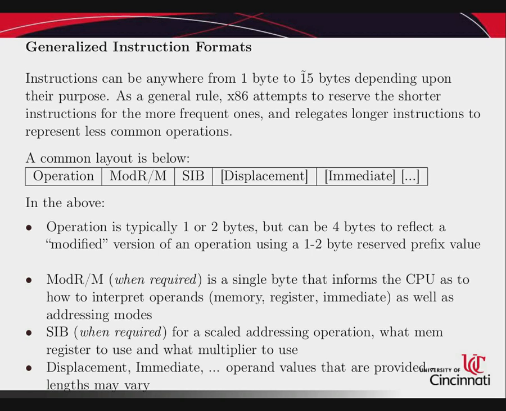It means that the processor reads basically 1 or 2 bytes or up to 4 bytes. I won't go into detail on those, but for the most part, there's an operation that's 1 or 2 bytes, and those operations can have an extra 1 or 2 bytes to describe a modified version of them.